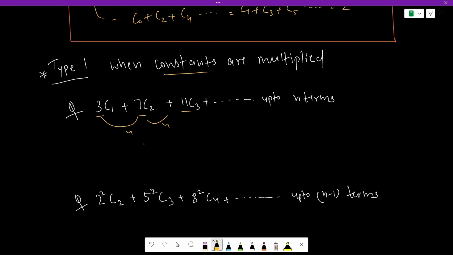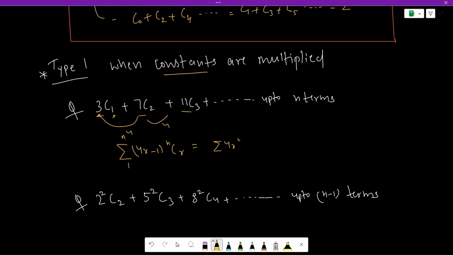So the general term for this will be 4r. Now putting r equal to 1, we get 4, but we need 3, so minus 1. This into nCr is the general term. Now this is the summation form for this complete series from 1 to n. Now we can easily split it.